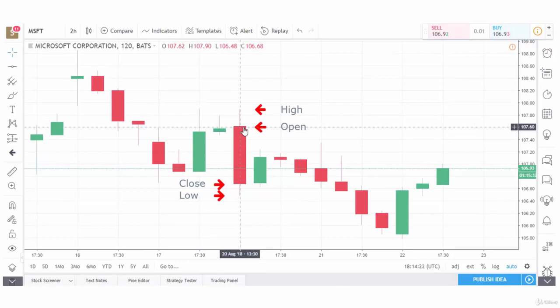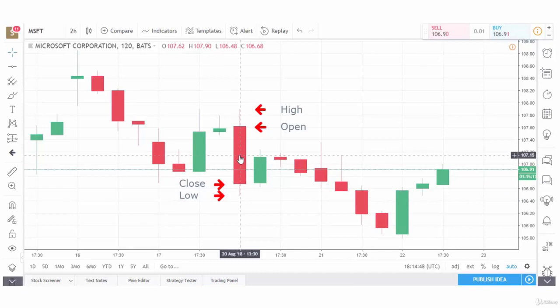The top of the solid portion of the candlestick is where the stock opened for the day. And the bottom of the solid part is where the stock closed for the day. The low is represented by the wick at the bottom of this candlestick. And again, you can look at all four of these numbers at the top of the chart when hovering over the candlestick.